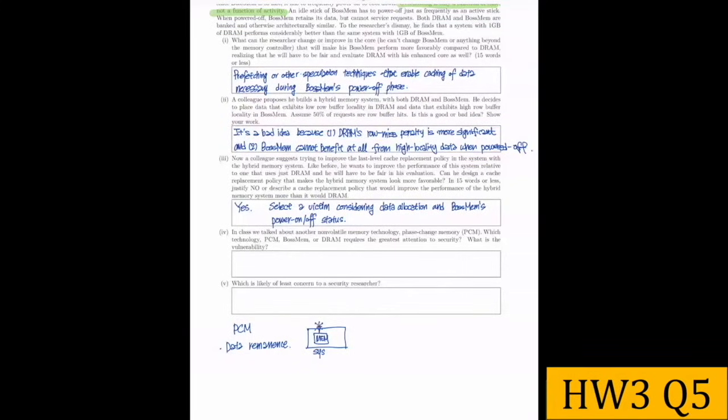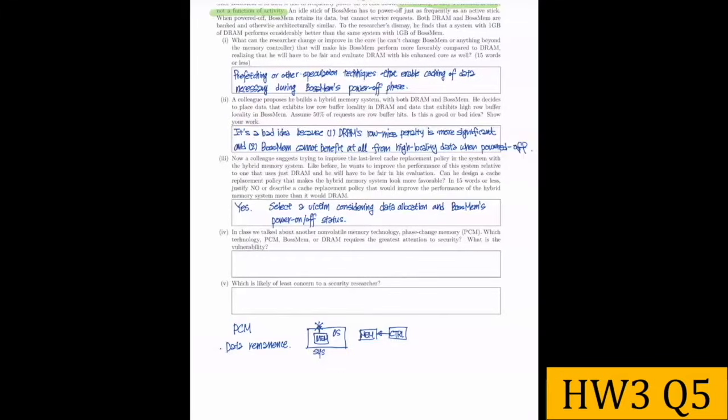But once it is powered off, an adversary can detach the memory module itself and directly access the memory via a custom memory controller.